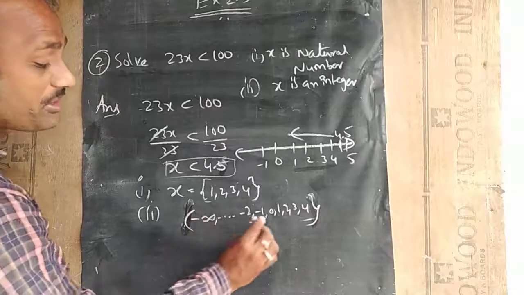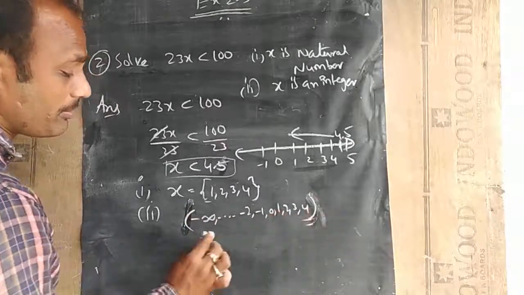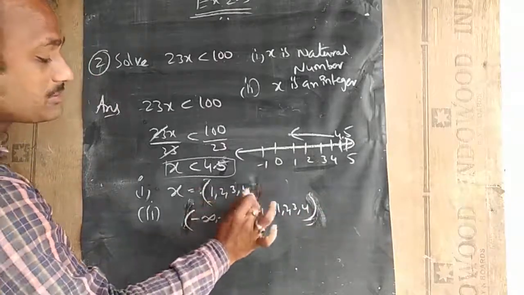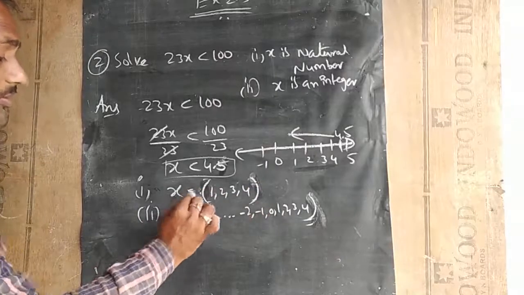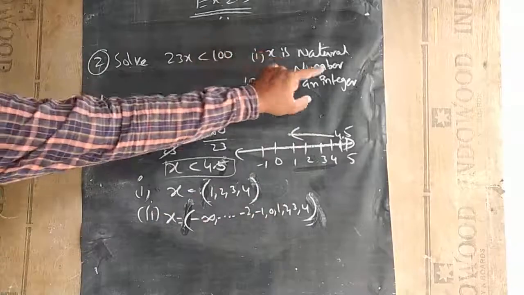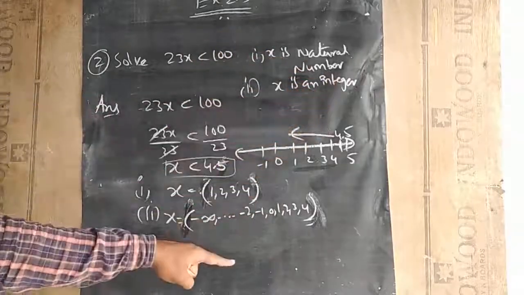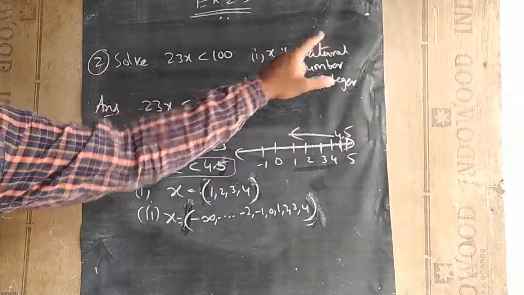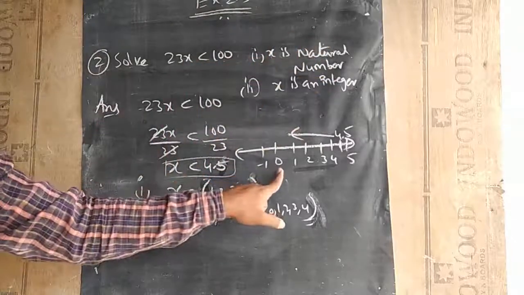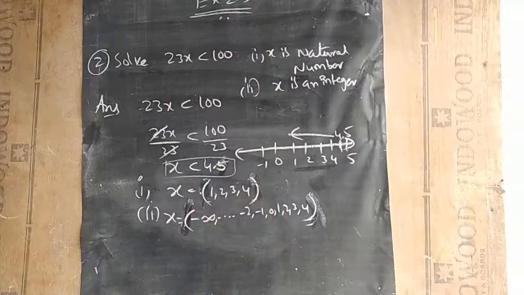As per the notation, infinity we can write in open brackets. If suppose a rational number is given, we will take p by q form. Natural number means what are the natural numbers? If you are saying x is a whole number, then 0 also will come into this case.